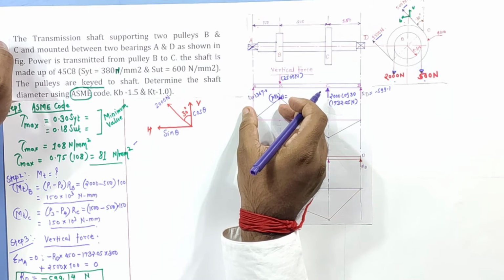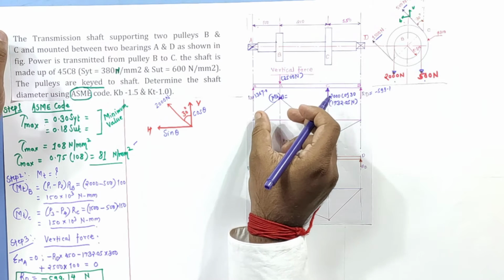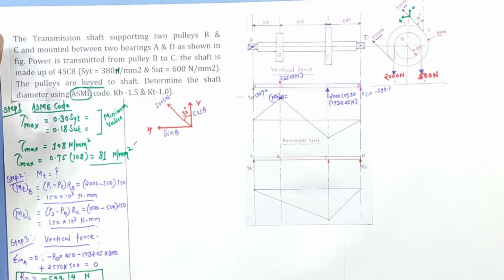That will be the multiplication, force into perpendicular distance. So I'll write here the bending moment at pulley B is equal to RA into 100, which is 1367 into 100.